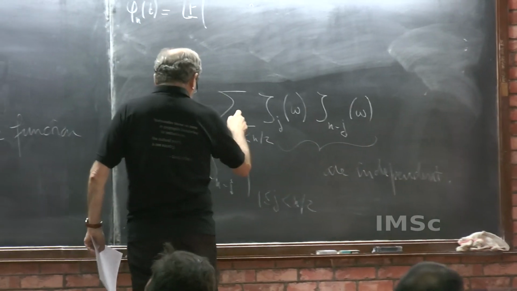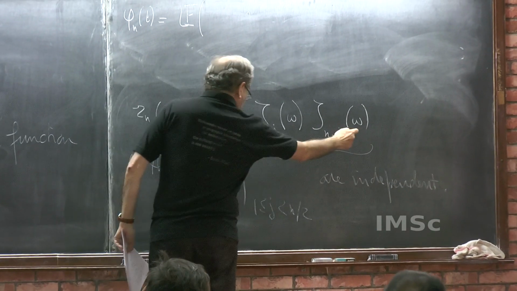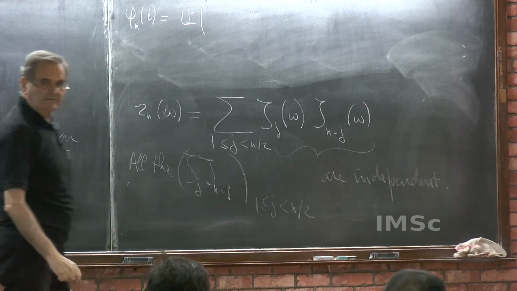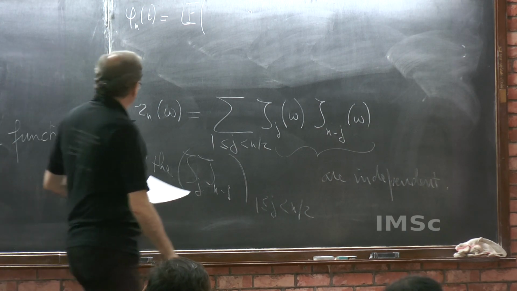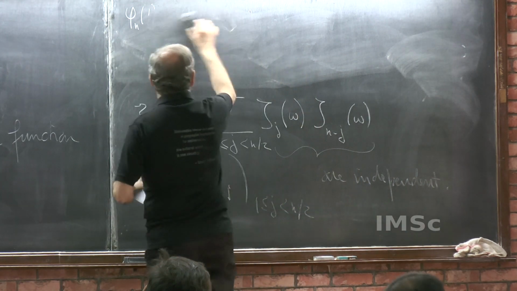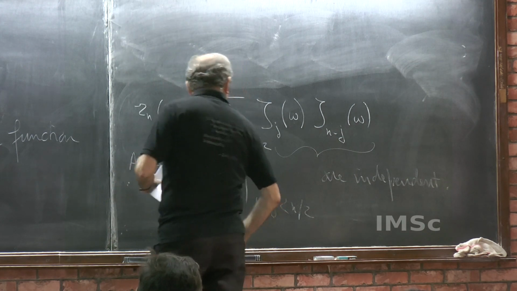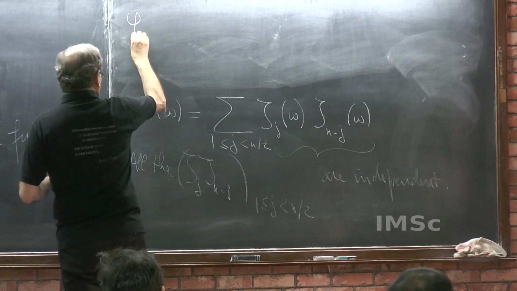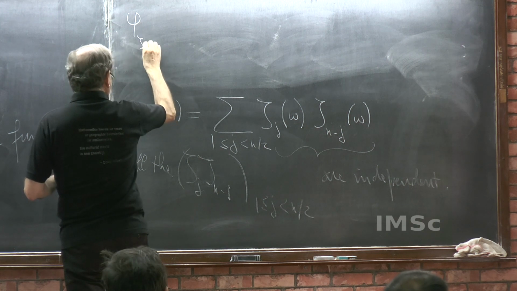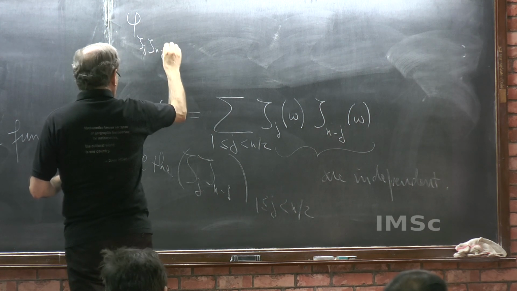So first of all, let us write what the Fourier transform of this is. First of all, let us see what the Fourier transform, the phi associated to the psi j, psi n minus j, is.